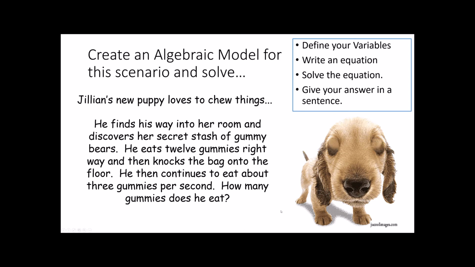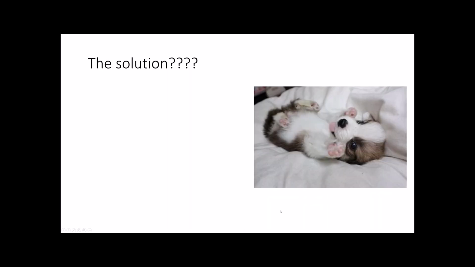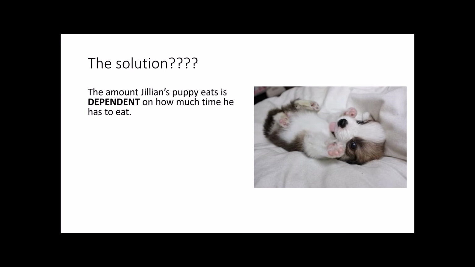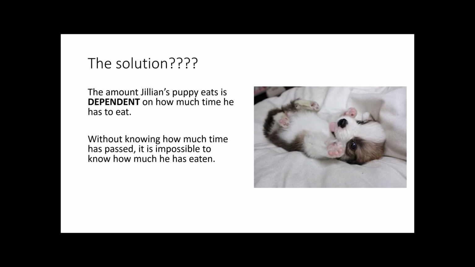Depending on how many seconds have passed, our answer is going to change. The amount he eats is dependent on how much time he has to eat. And without knowing how much time has passed, it's impossible to know how much he has eaten. There are many, many possible solutions to this particular problem.